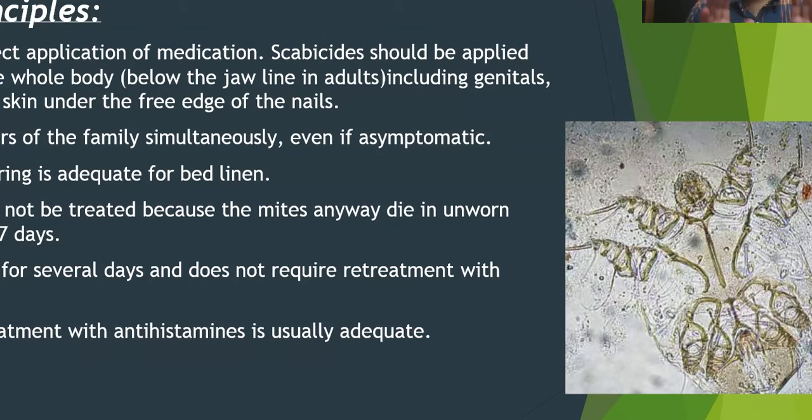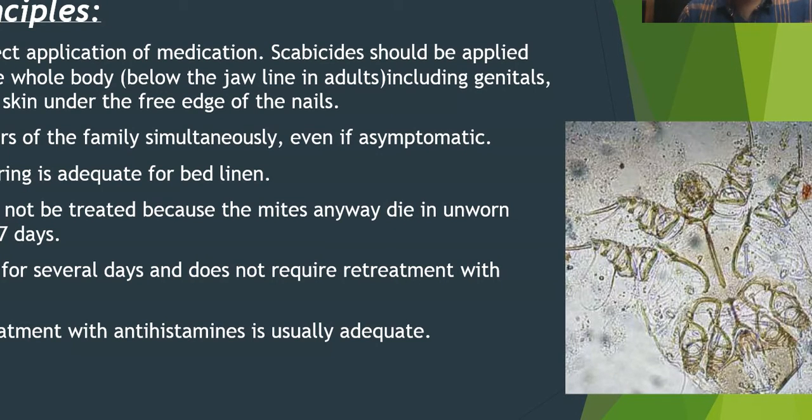So if we talk about the treatment plan for such patients, we apply a certain medicine that is scabicidal below the neck, all over the body, and all the affected areas are treated with the application of this scabicidal cream or lotion, including the genital areas, soles of feet, palms, interdigital spaces.